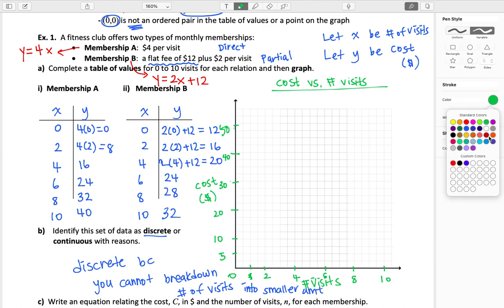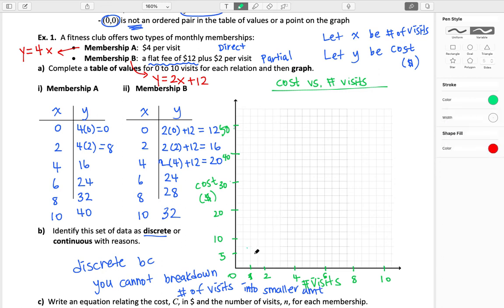I'm going to use a different color for membership A and B. So for membership A, I will be using this color. So when it's 0, 0, 0, 2 is 8, 4 is 16, 6 is 24.